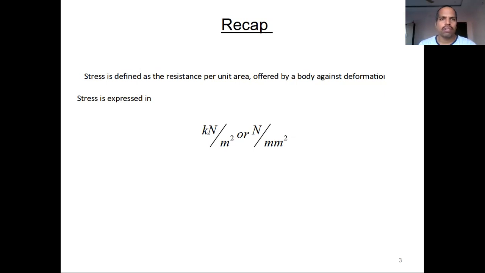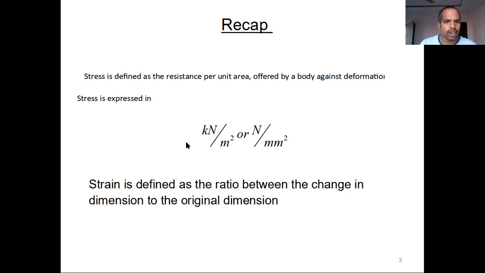So first, what happens if your load is applied on the member? First, the strain occurs, means deformation takes place. So that's what we want to tell you using this sentence, that is against deformation. That is the meaning, right? And its units we already discussed in an elaborate way, and we have also discussed strain. Strain is defined as the ratio between the change in dimension to the original dimension.